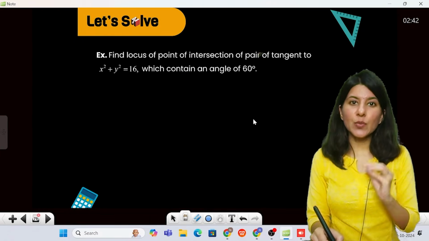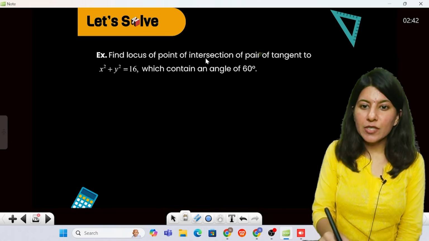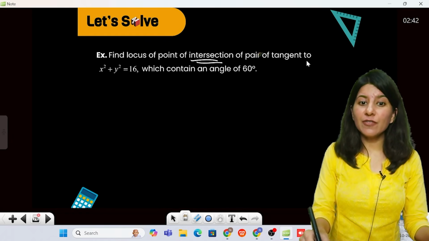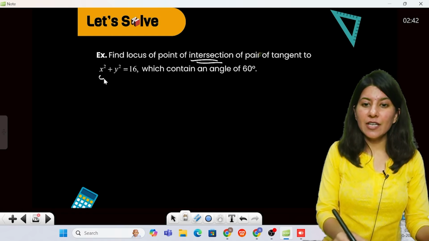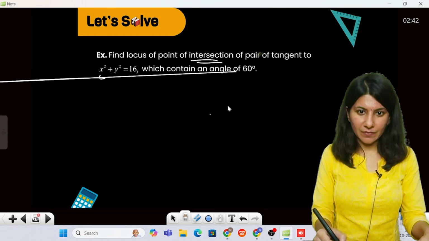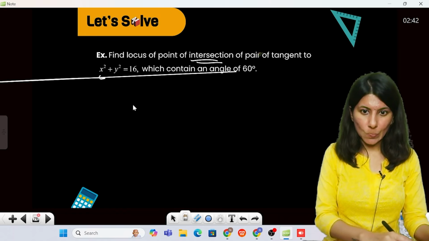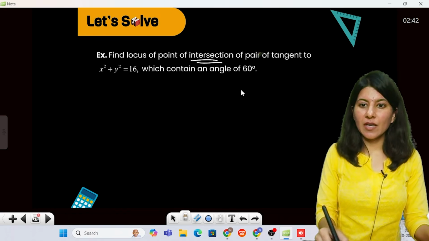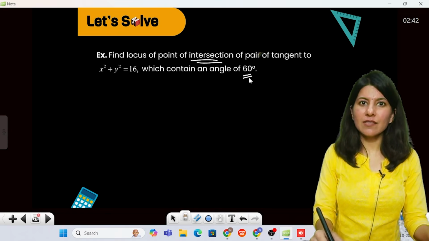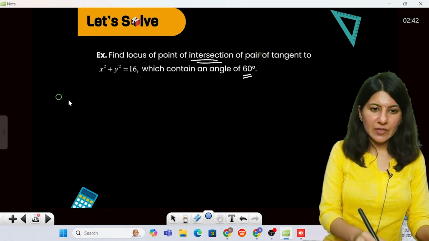Okay, the next question says, find the locus of the point of intersection of a pair of tangents to this circle which contains an angle of 60 degrees. Let us create a diagram for this.